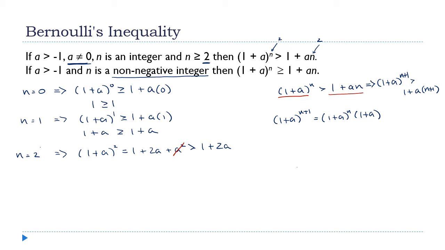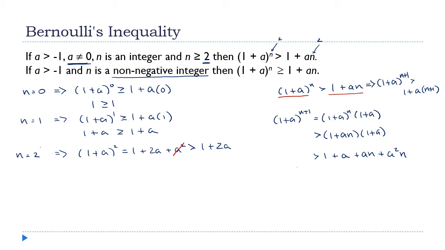This must be greater than (1 + an) times (1 + a). Excellent. Let's multiply this out and see what we get. This is greater than 1 + a + an + a squared n.